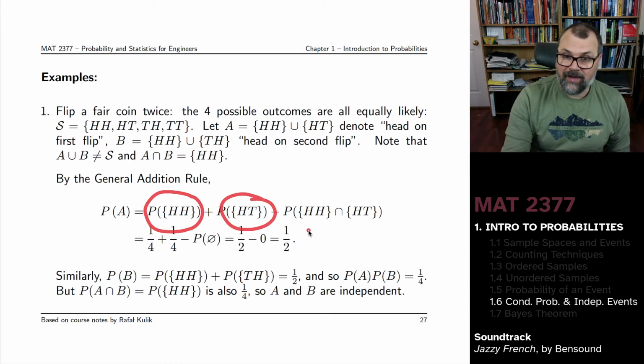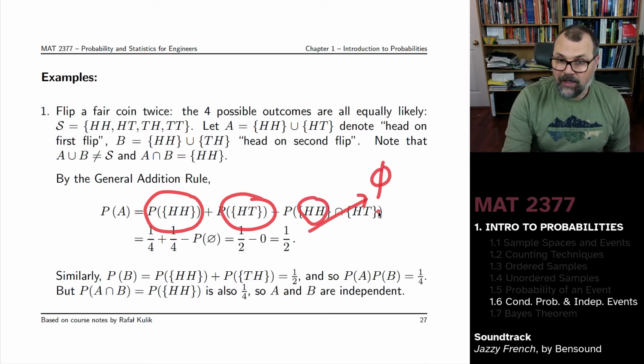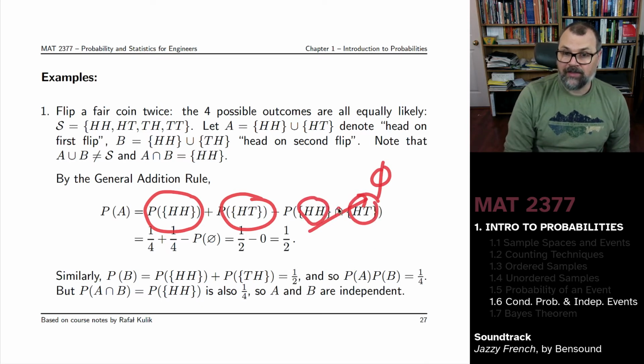Well, that is an empty set, right? The first set contains 1 outcome, head head. The second set contains 1 outcome, heads tails, and they're not part of the same set. These 2 sets are completely different, so their intersection is empty.